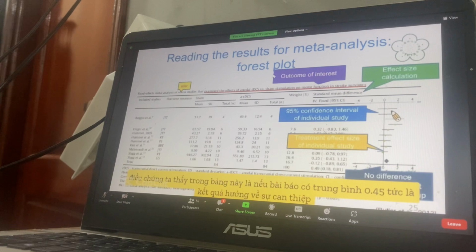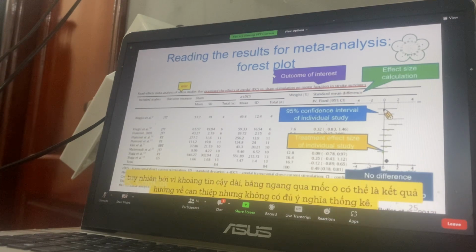So what we can see from this graph is, if a study has a mean of 0.45, then the result actually favors intervention. However, because of the long confidence interval and it crosses 0, it probably favors intervention, but it's still not statistically significant enough.